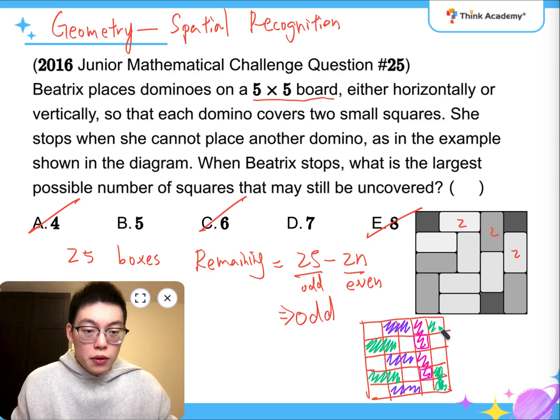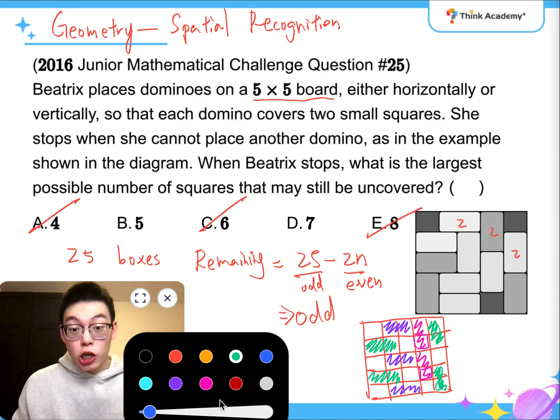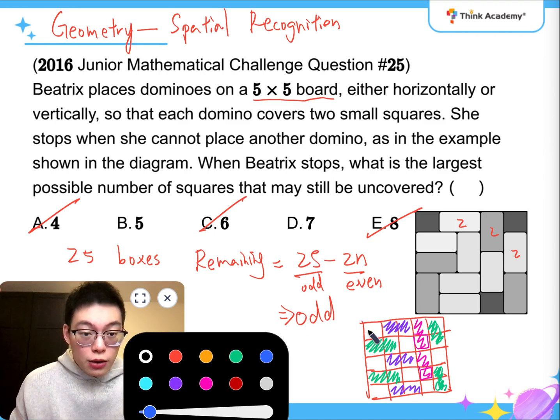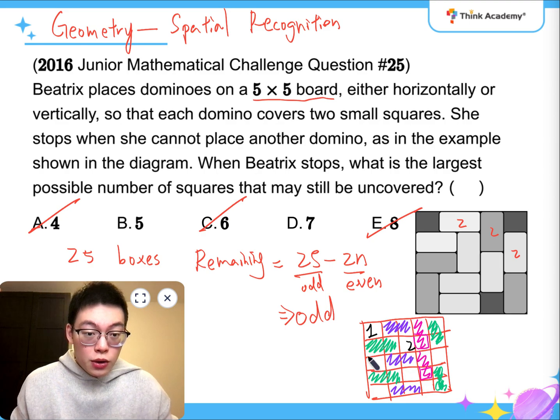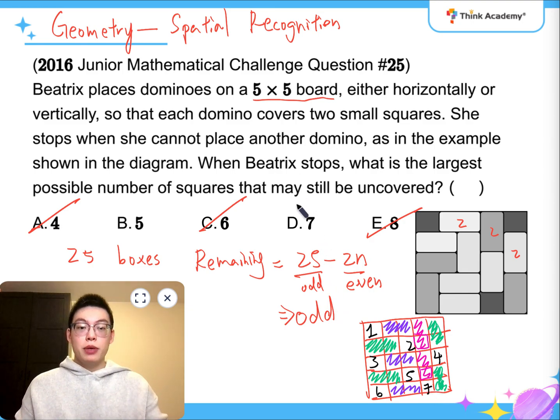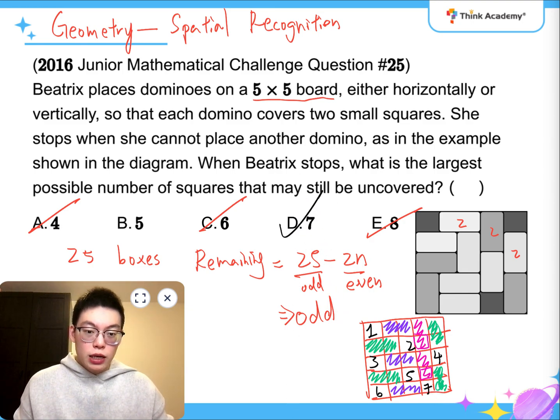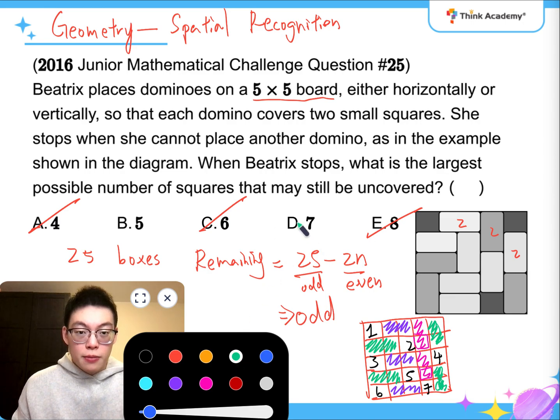So the top, which means that you're leaving 1 blank in the last column as well. So altogether we have 1, 2, 3, 4, 5, 6, 7 blanks. And that's going to be the maximum. So the answer will be 7.